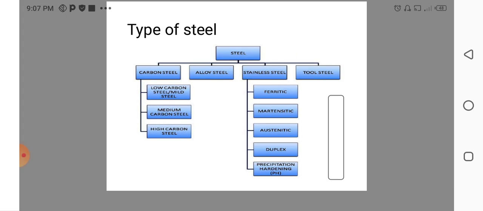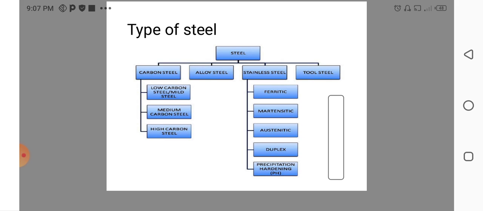Types of steel. Here steel is classified into four categories: carbon steel, alloy steel, stainless steel, and tool steel. For our construction stages, or for any structure, carbon steel is important for various elements such as beam, column, slab, etc. In carbon steel, low carbon steel is said to be mild steel.